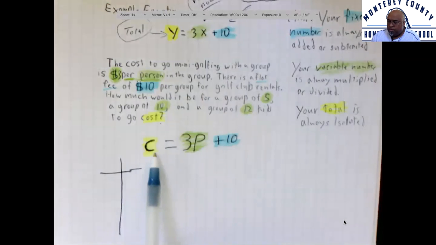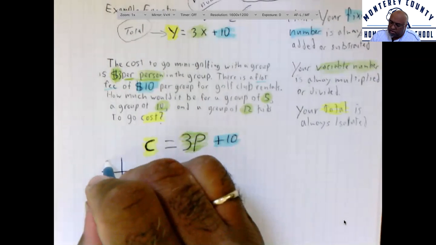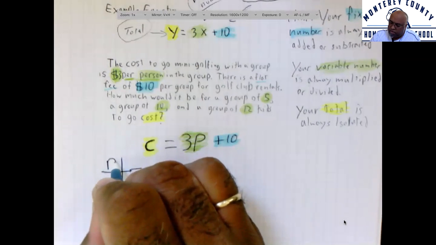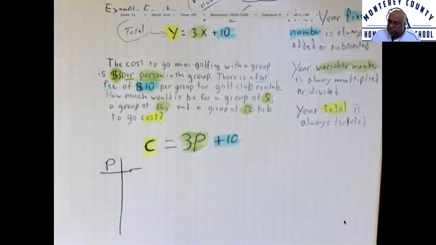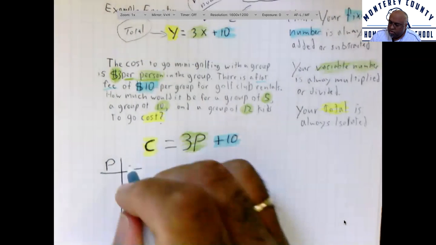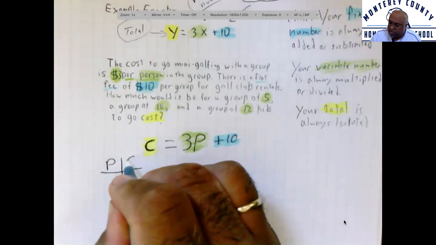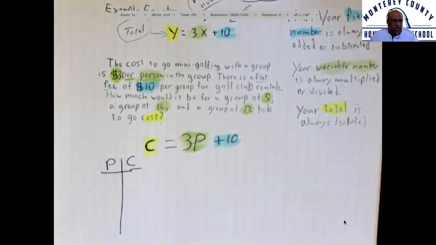But in the new equation we made, we changed them to c, meaning cost, and p, meaning people. So which one is x? That's correct, Isai. X is p for people. And which one is y? Y is going to be c for cost. Okay.